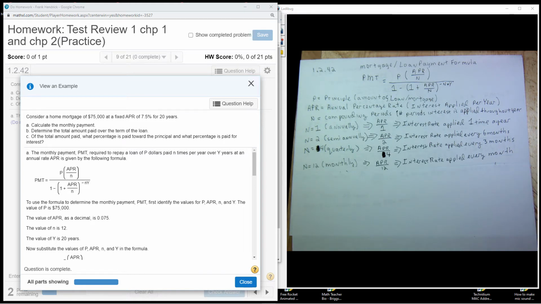So the interest rate applied every month is the APR divided by 12. That's how much they'll be charged every month on the loan. When N is 365, you take the APR and divide it by 365, and that gives you the interest rate applied every day.